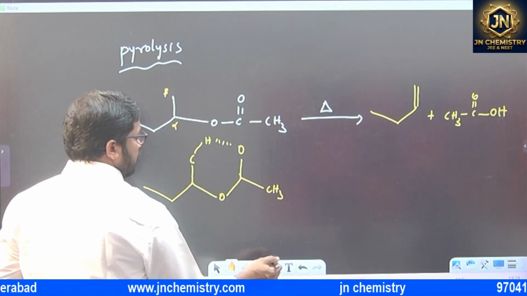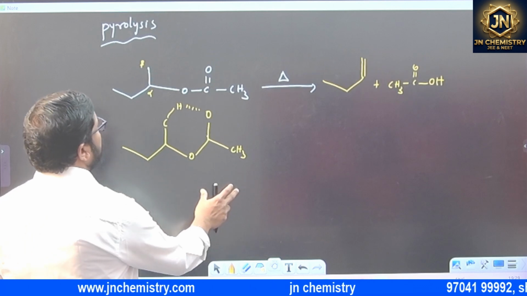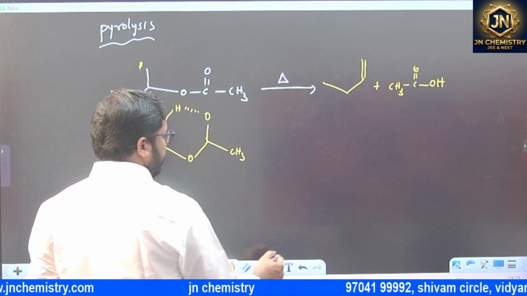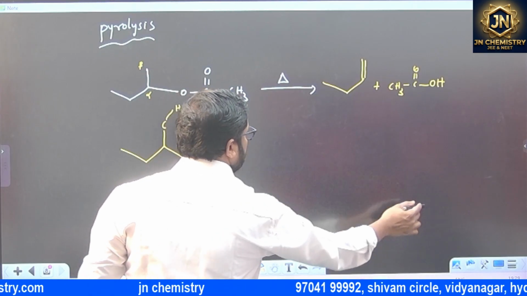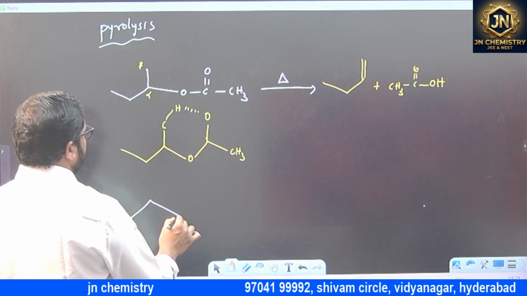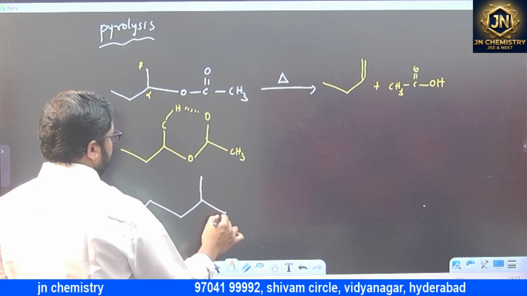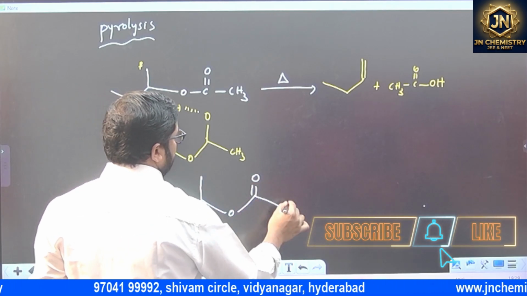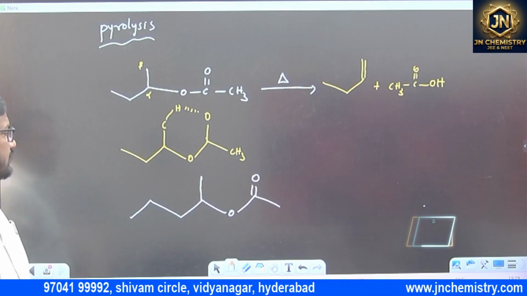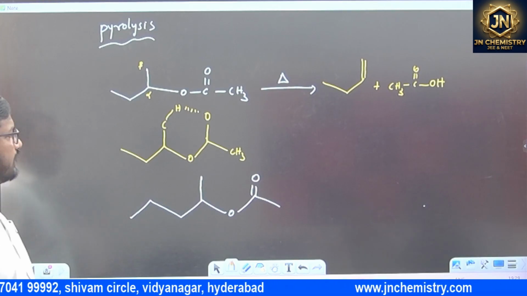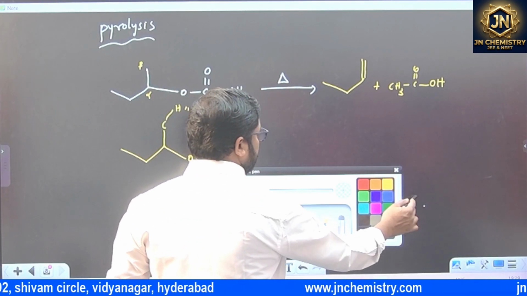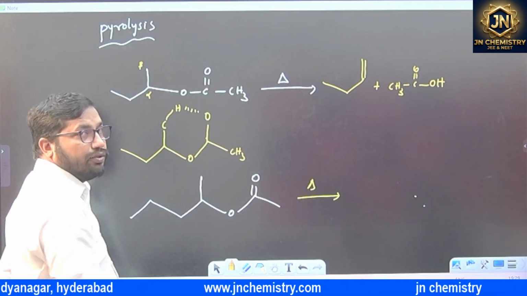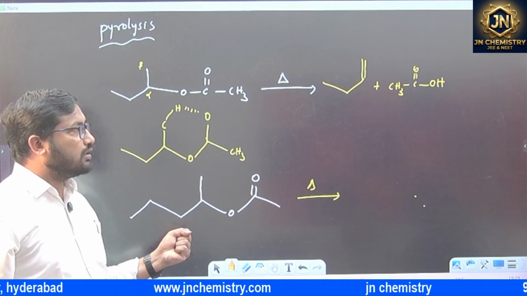For example, we'll take one more. This is useful for advanced exams, but not for mains. This is an ester. How will we get the product on heating? Here is the beta hydrogen. Hofmann elimination takes place, write it down.